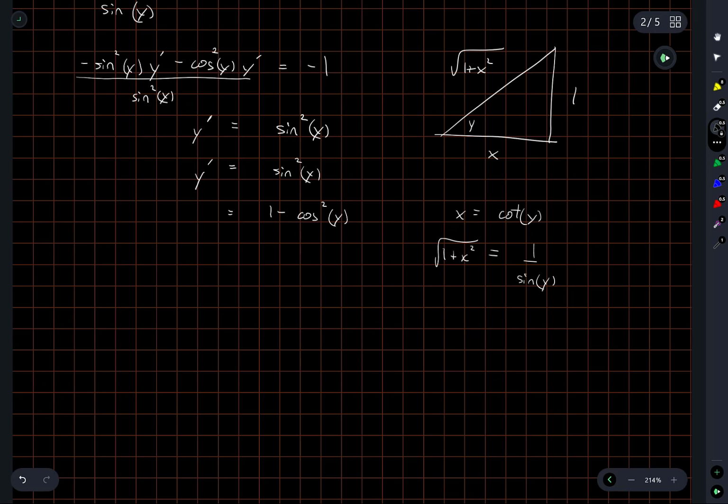By the triangle, sine of y is 1 divided by the square root of 1 plus x squared. Okay, so this gives me sine squared of y is 1 over 1 plus x squared, which is what I wanted. Right? Okay. So y prime is in fact 1 over 1 plus x squared.